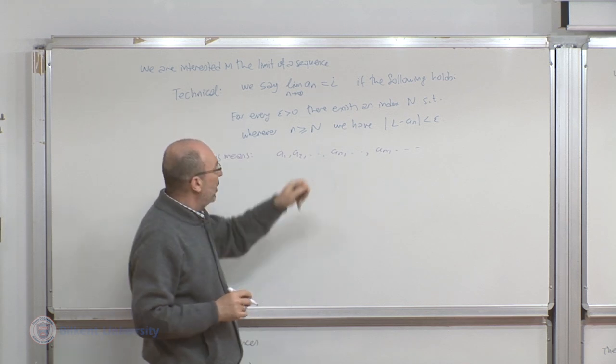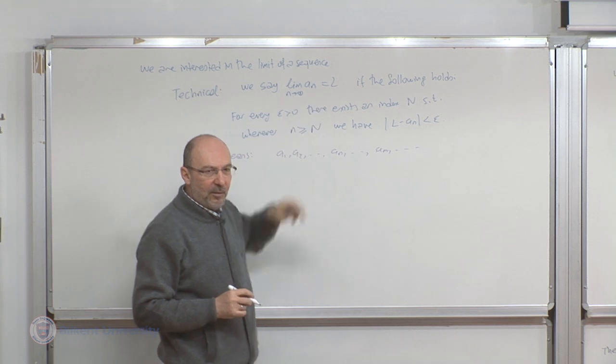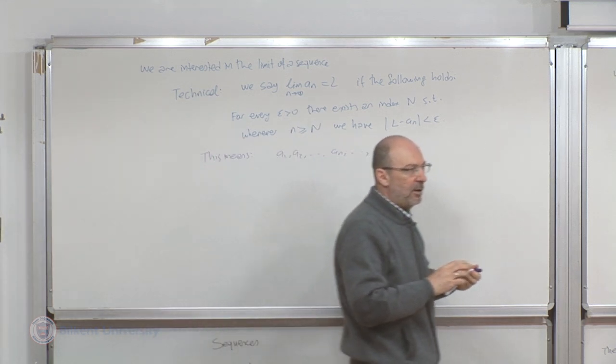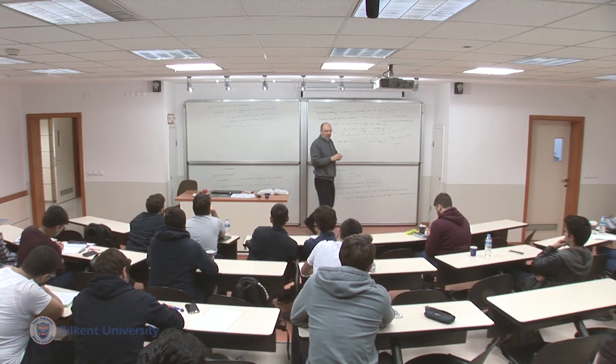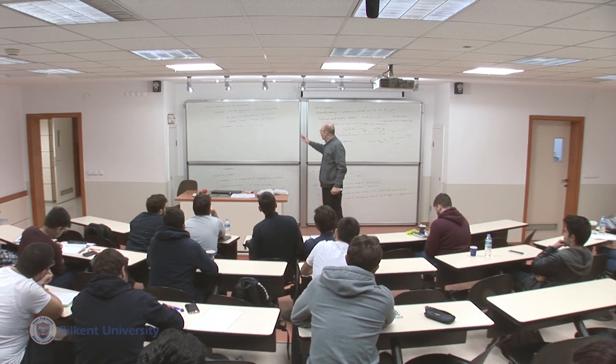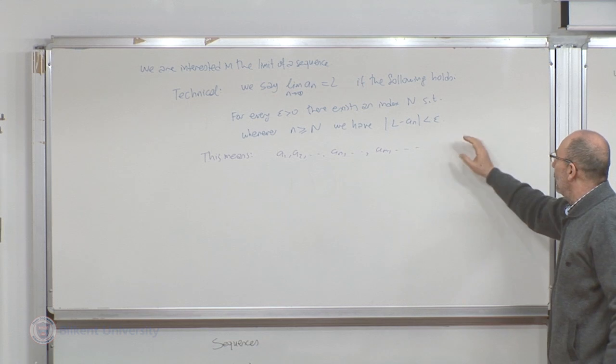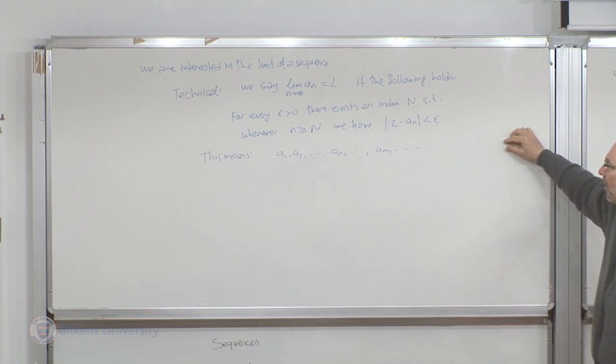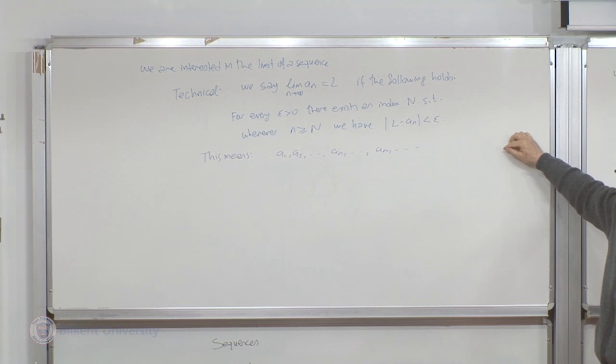So we claim that that number is L. We claim that the limit is L. And you say you'll believe this if all the numbers from some point on are around L, and you will be happy if the difference between the number and L is less than, say, 1 over a million.